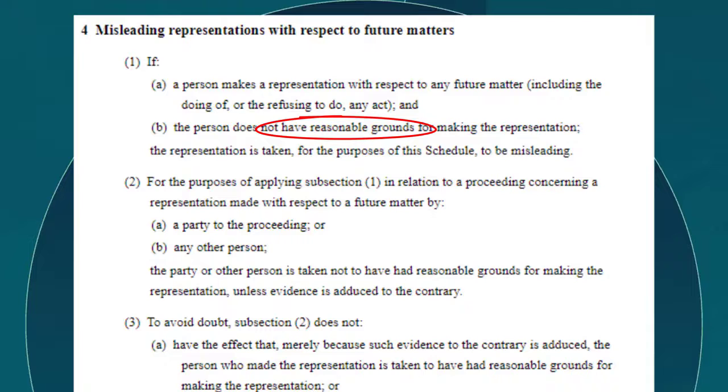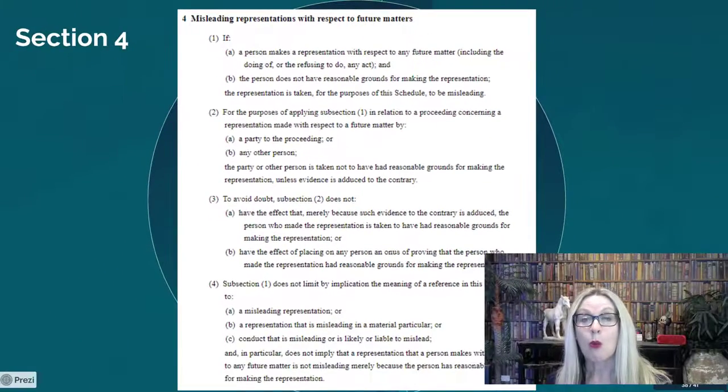So it all turns on having reasonable grounds. Now look at this further, sub 2. For the purposes of sub 1, regarding a proceeding concerning a representation made on a future matter by a party or any other person, that person is taken not to have had reasonable grounds for making the representation unless evidence is adduced to the contrary. Wow, what a leg up, what an advantage this provision is for a plaintiff.